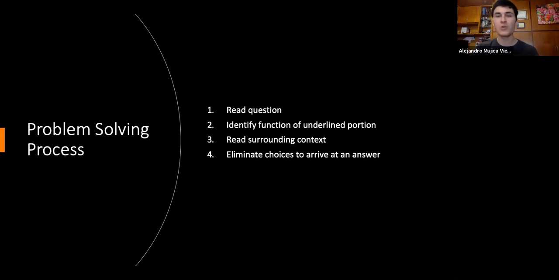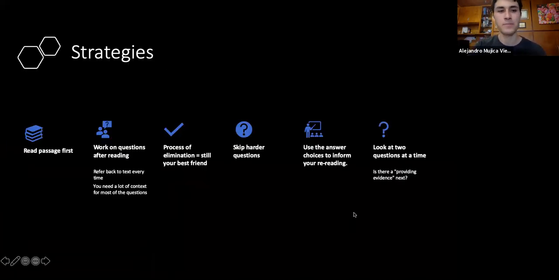In writing, you don't read too much around the underlined portion, but here you do. You eliminate choices to arrive at an answer, just the same as in the writing section. Anybody have any questions about either the key features or the problem-solving process? All right. This is pretty much the same.